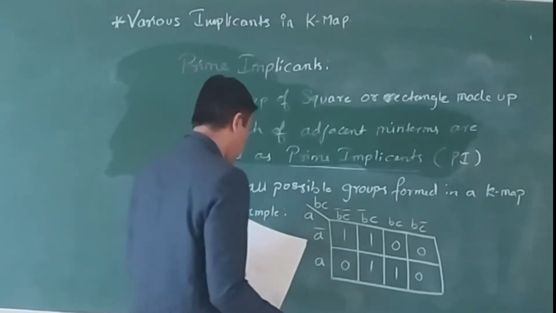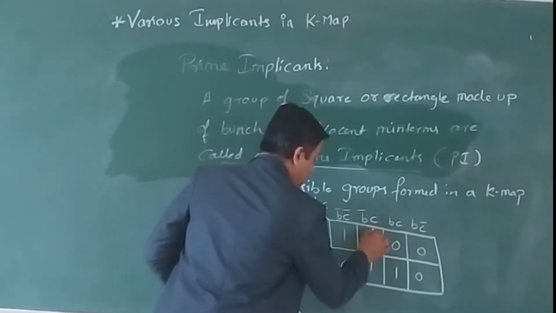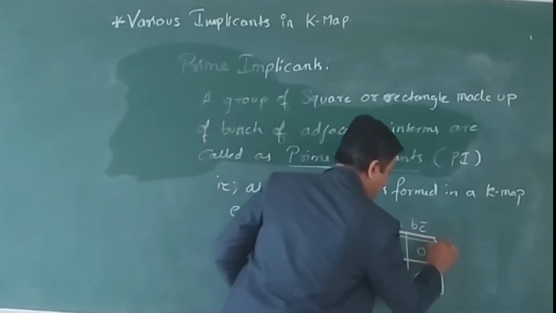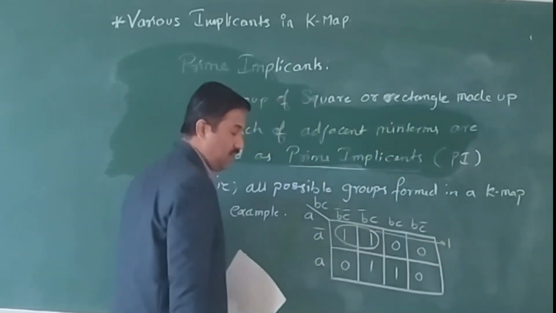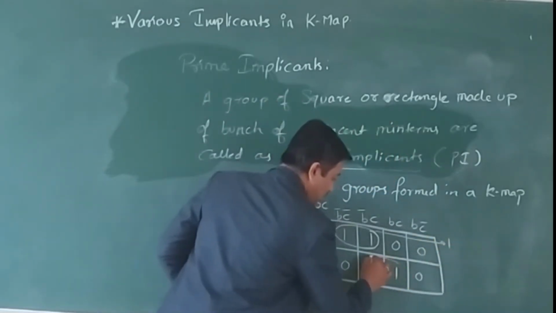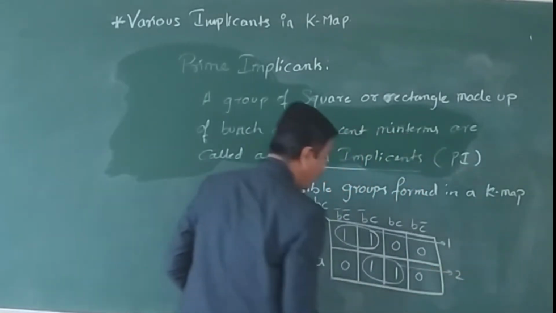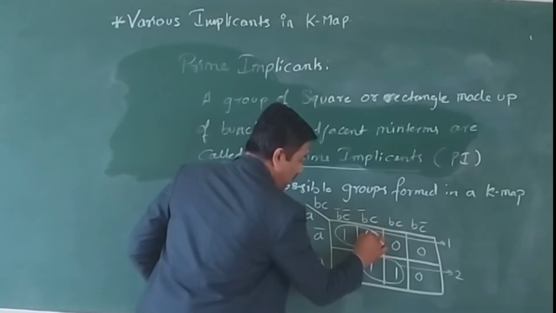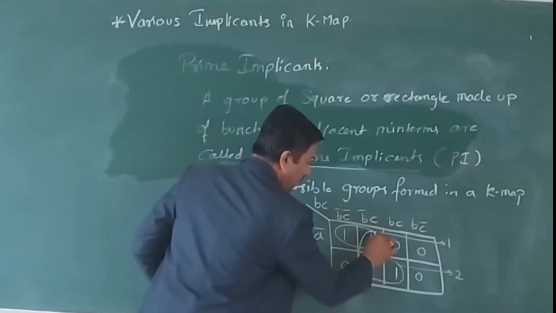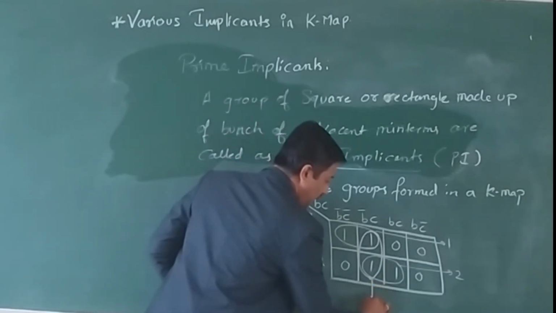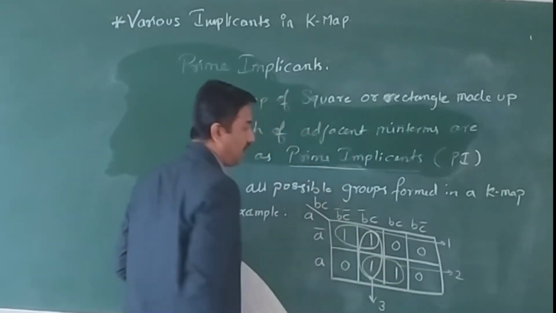Here you can find group number 1, then group number 2, and then there is an adjacent one present here, which I term group number 3.